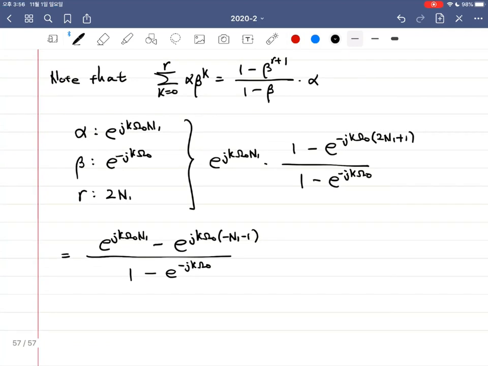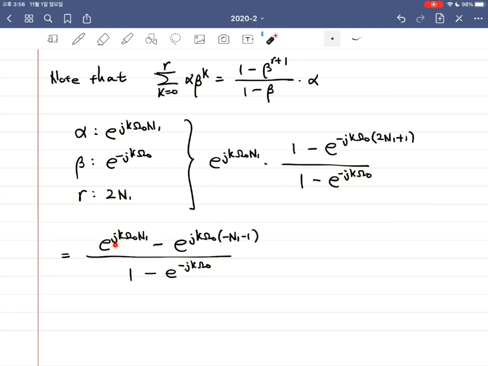Okay, so this may be the answer, but I would like to express this solution with this sinusoidal wave for us to feel what it looks like. I know there's no problem with this formulation.